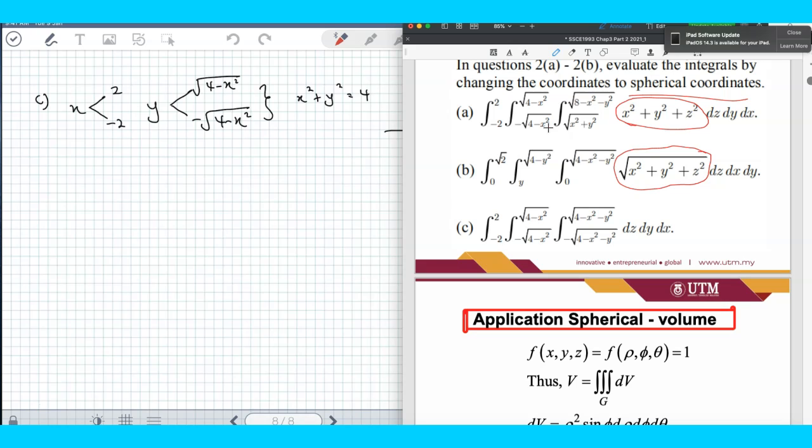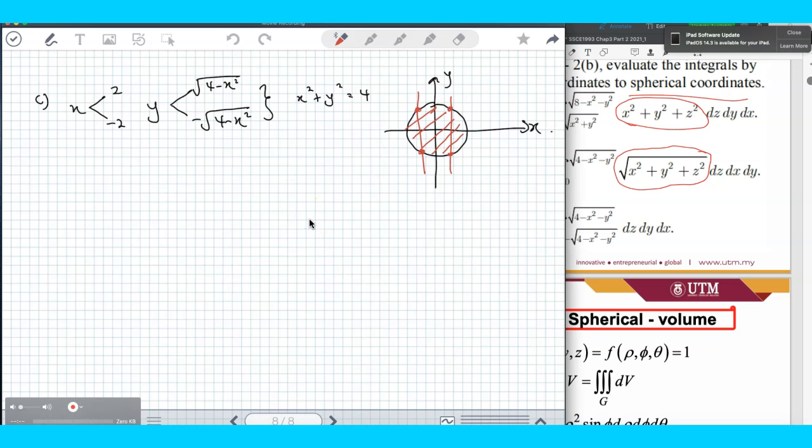So x is in the negative and positive part. And similarly, the lower bound of y is the negative part and the upper bound is the positive part of the circle. So meaning that we have a complete region circle. So from the region, we can get the limit of theta straight away, where theta is 0 to 2 pi.